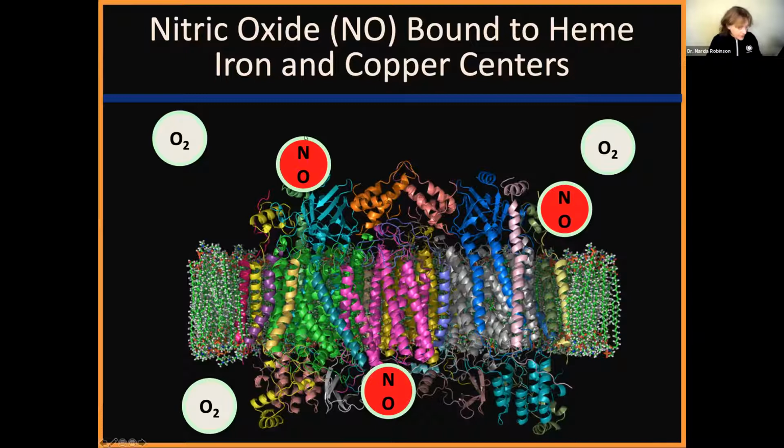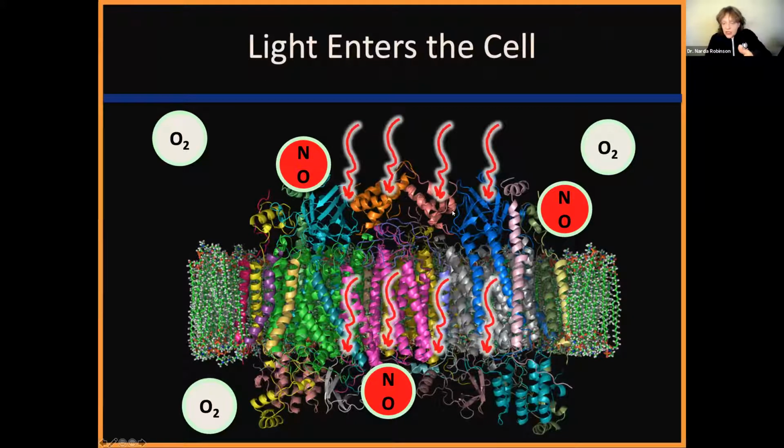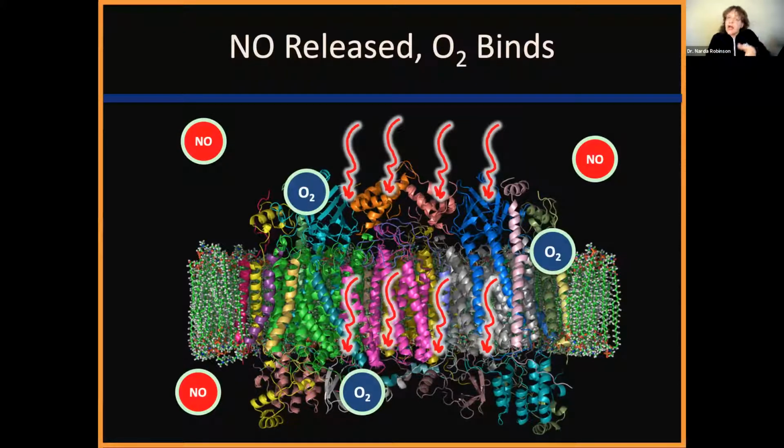But here, if you can see my pointer, we have nitric oxide bound to the enzyme, and that is occupying, in a reversible fashion, the places where oxygen should be binding. So when we add photons, made here by the red arrows, that is going to cause a dissociation of the nitric oxide so that oxygen can bind there, and then things are back to normal.